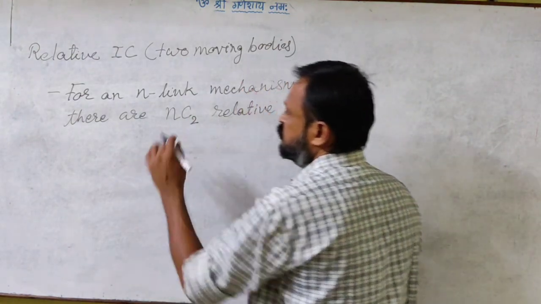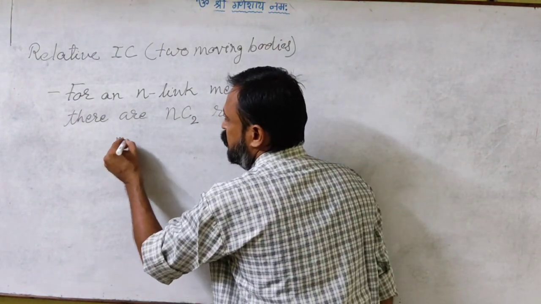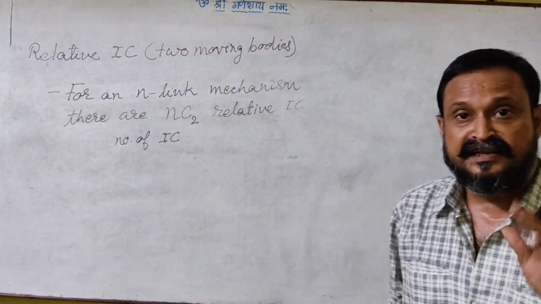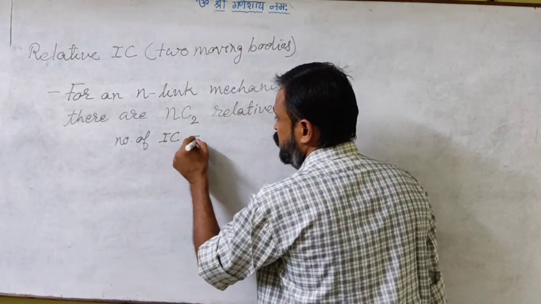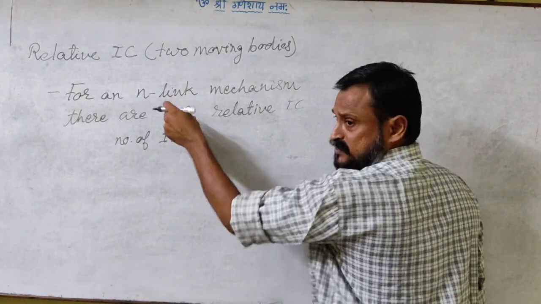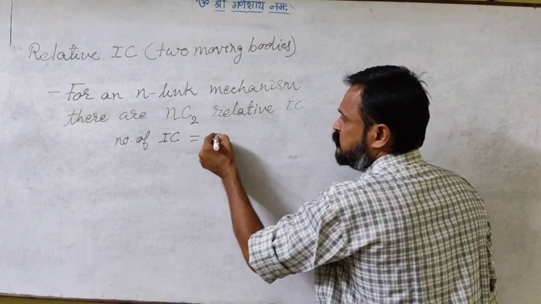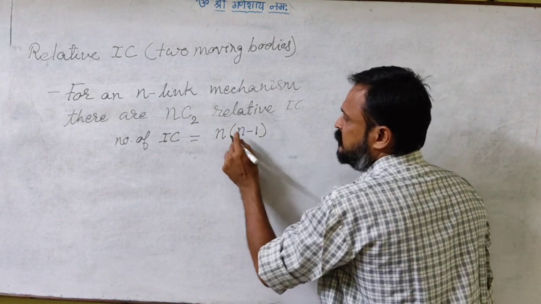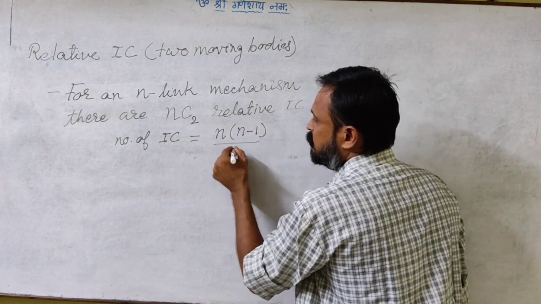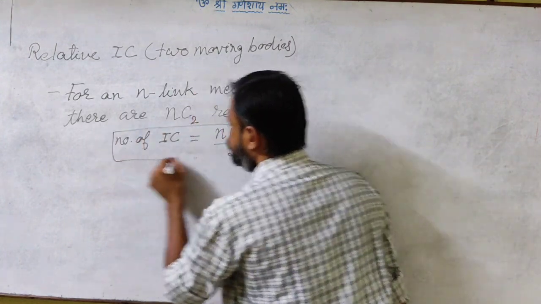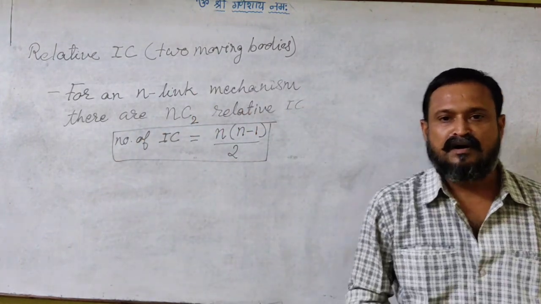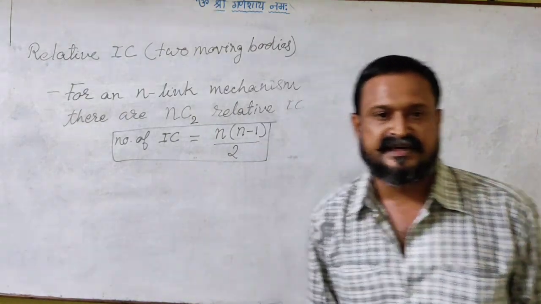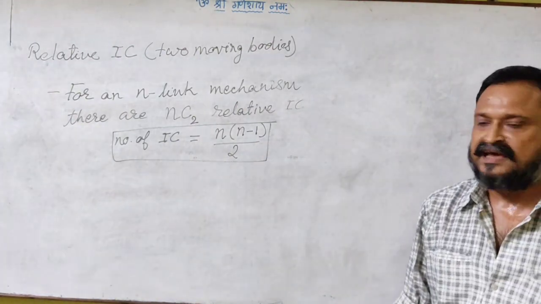If we expand this factorial, the number of instantaneous centers in an n-link mechanism will come out to be n into n minus 1 by 2, the number of relative instantaneous centers for a given mechanism.